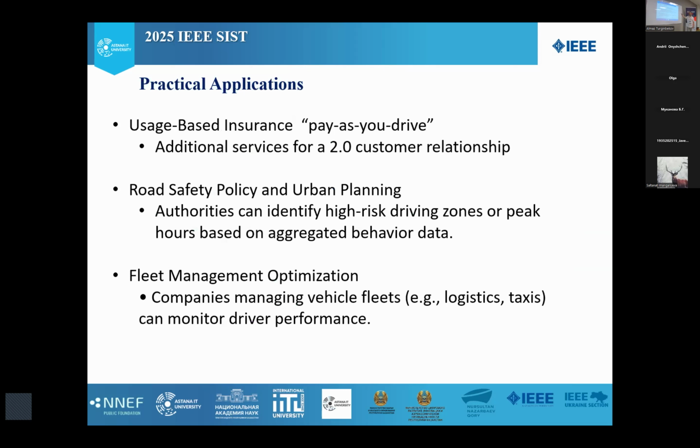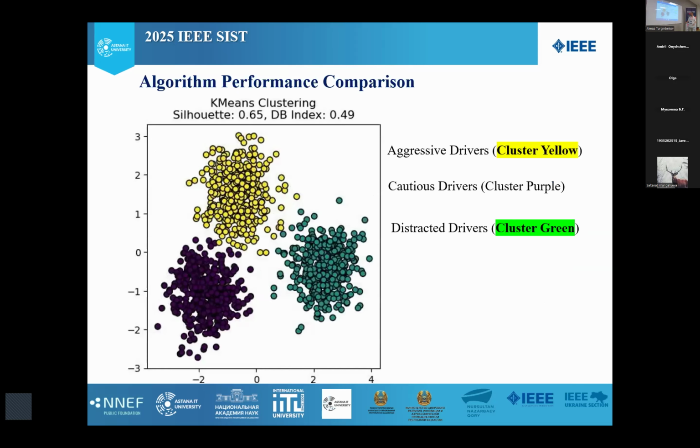We can use it for road safety. And we can also use this solution for management, to optimize for a company. If the company has many drivers, it can give rewards to good drivers or supervise the risky drivers.